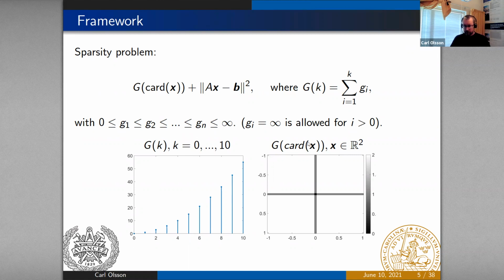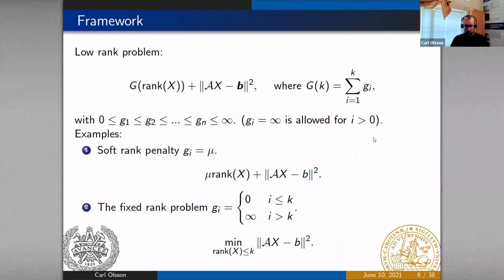And the difficulty is when I insert into this one the cardinality function, for example, then we get these strange, like constant functions almost everywhere. So here, for example, it's 2, and then on the axis, it's 1, and then in the origin, it's 0. So yeah, very discontinuous and hard to work with in optimization. But yeah, you all know this, I guess.